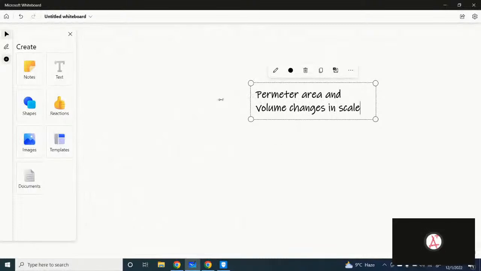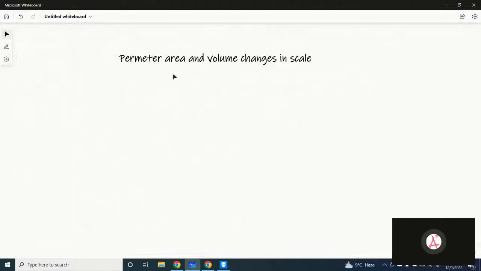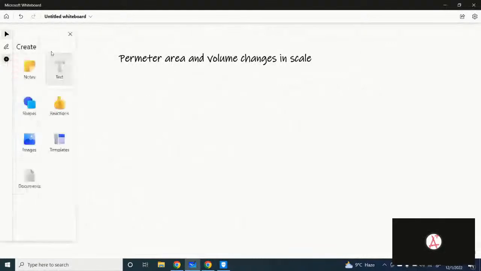Here is the list of the topics where I will start. The topic name is perimeter, area and volume changes in scale. So let's start with the lesson.